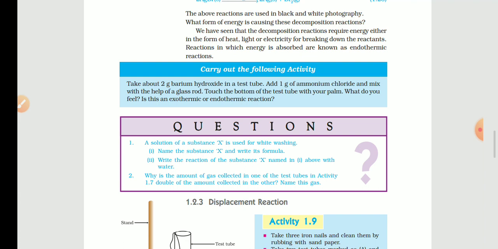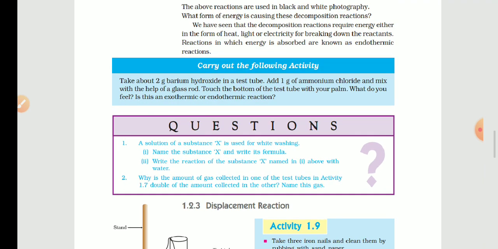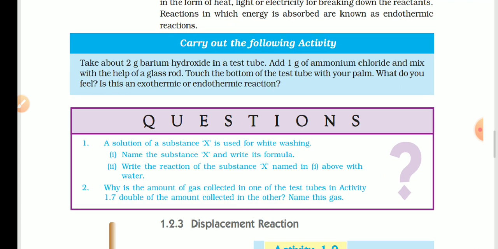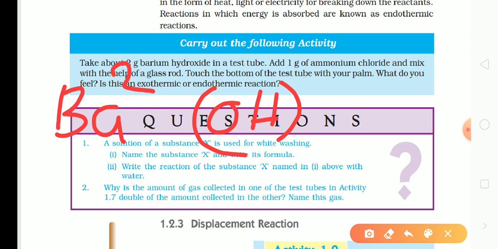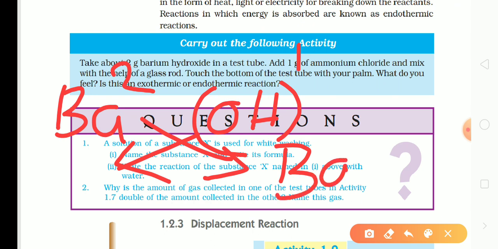Barium resides in the same group as calcium, so the valency of barium is 2. And hydroxide, you have studied in your 9th class, the valency of hydroxide is 1. And what would be the formula of barium hydroxide? Definitely it would be Ba(OH)2.